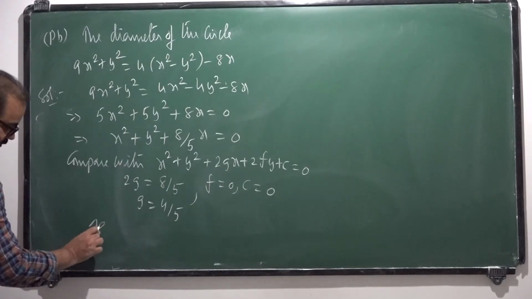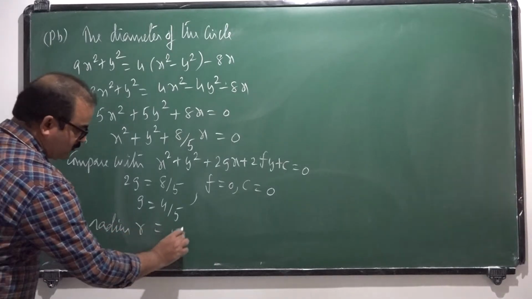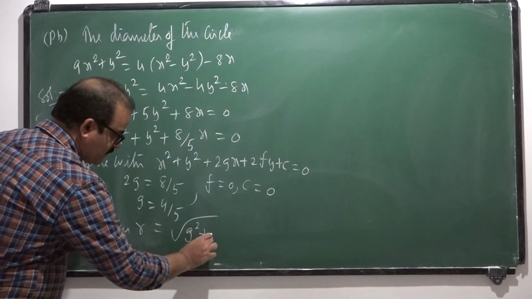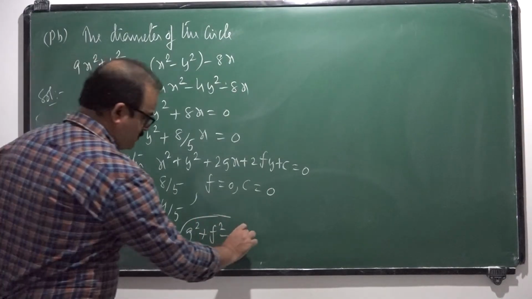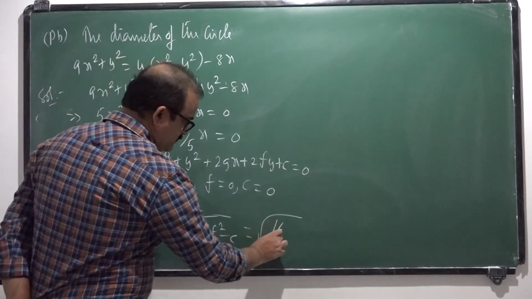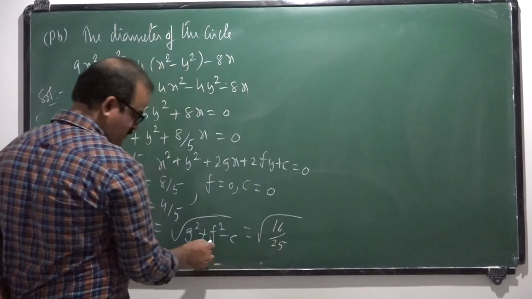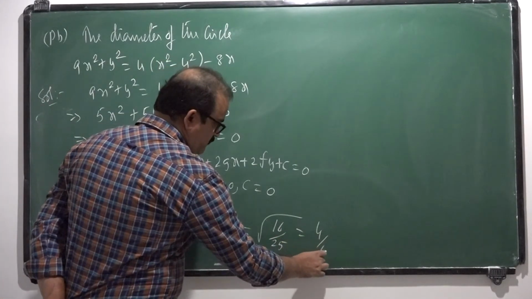Now radius r is equal to root of g square plus f square minus c. g square is 4 by 5 whole square, 16 by 25, f is 0, c is 0. So this is 4 by 5.